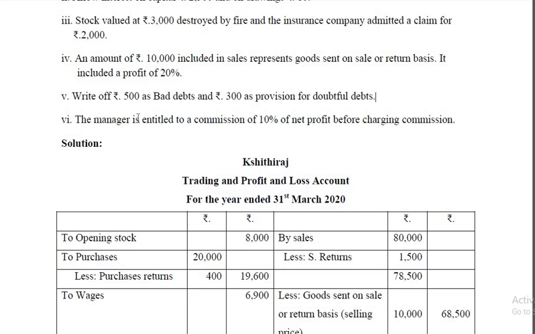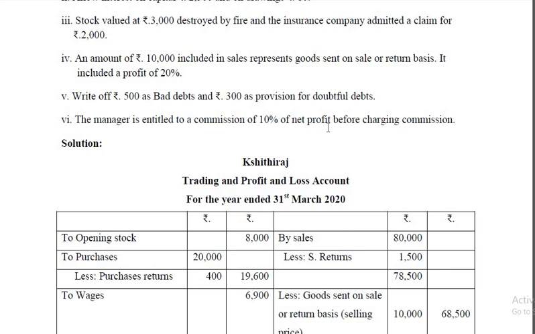Alright, the next adjustment is the manager is entitled to a commission of 10% on net profit before charging commission. Here what you have to do is, you have to total the credit side of the profit and loss account and total the debit side of the profit and loss account before calculating the net profit. So once you get the difference, you have to calculate 10% of that. That is 10% of the profit before charging such commission.